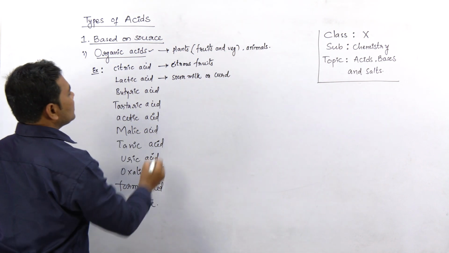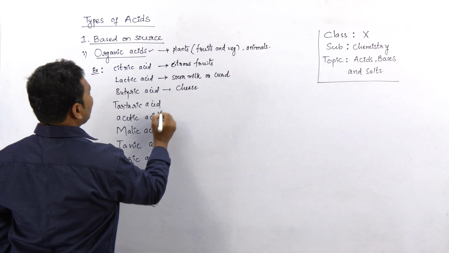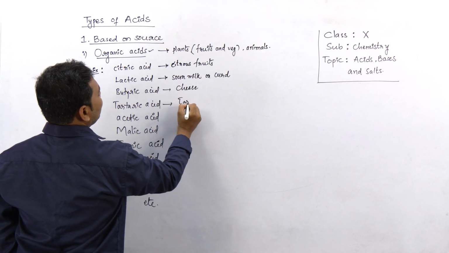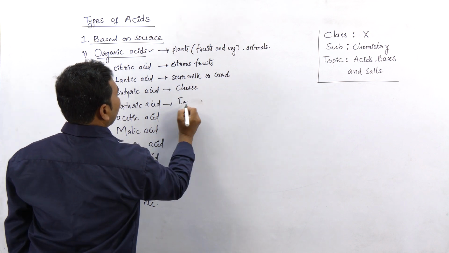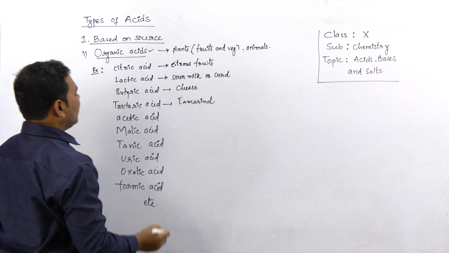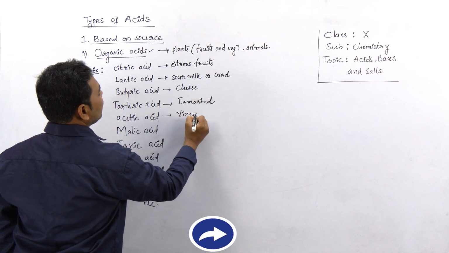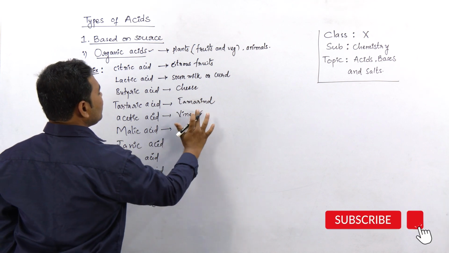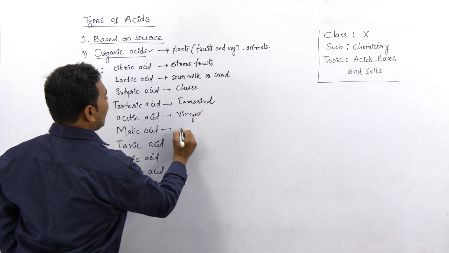Cheese contains butyric acid. Tamarind contains tartaric acid. Acetic acid is present in vinegar. Malic acid is present in apple.